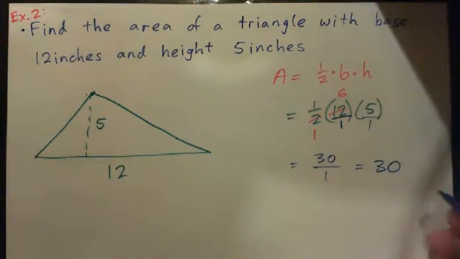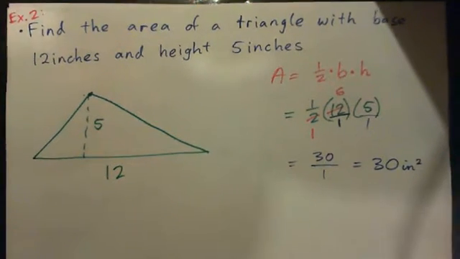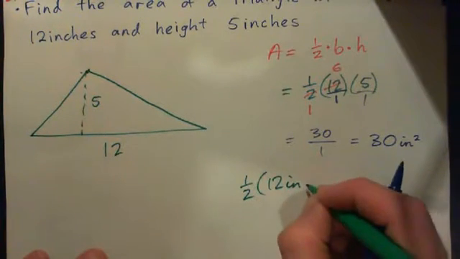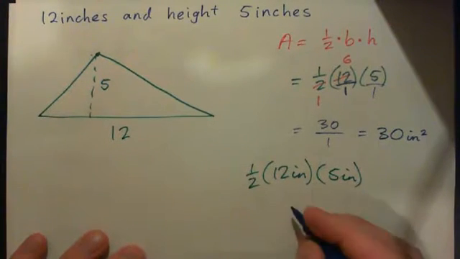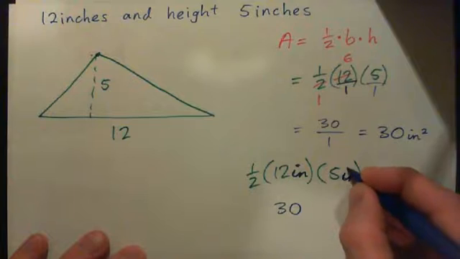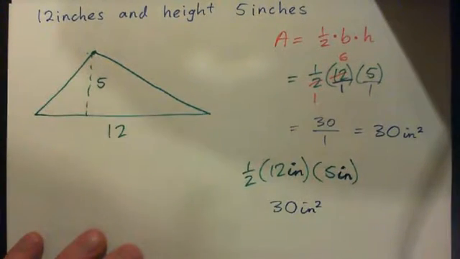And we've got inches, so the answer should be 30 square inches, inches squared. Well, what I should have written out was 1/2 times 12 inches times 5 inches, and when I multiply the numbers I get 30, and when I go inch times inch I get inch squared, or square inches, right?